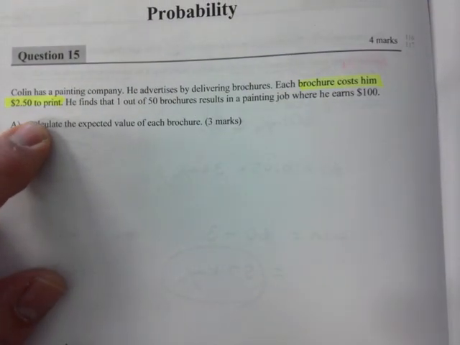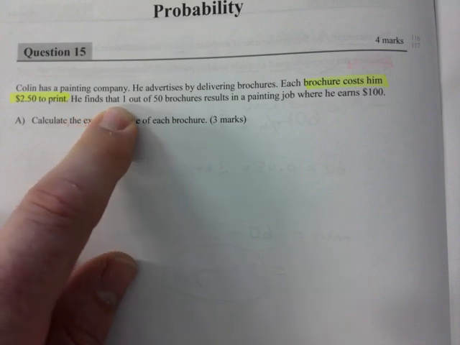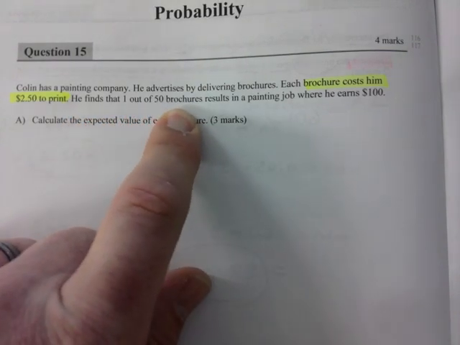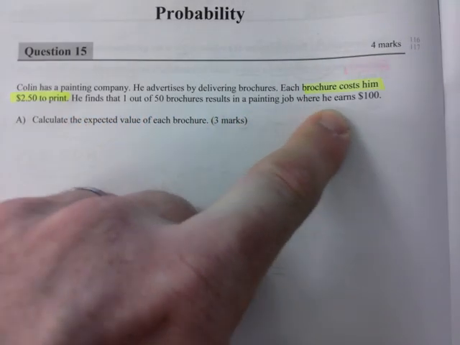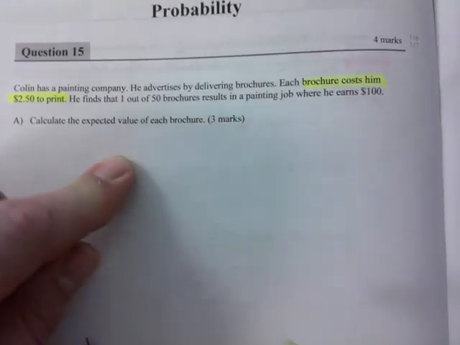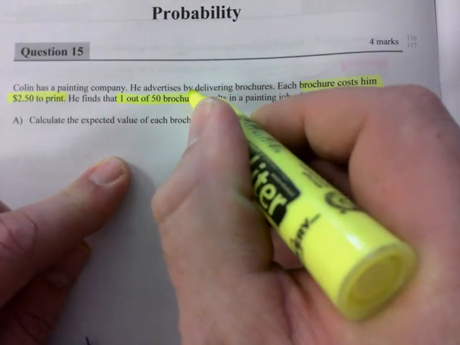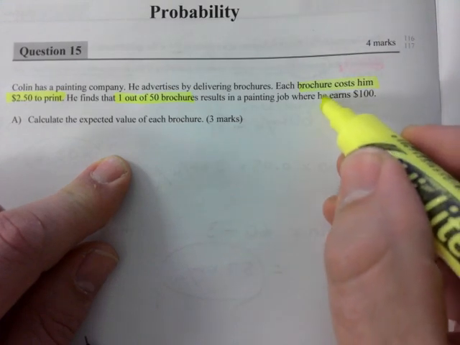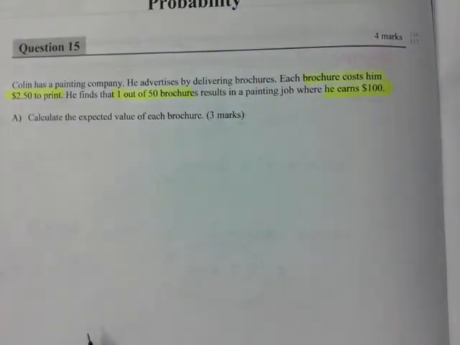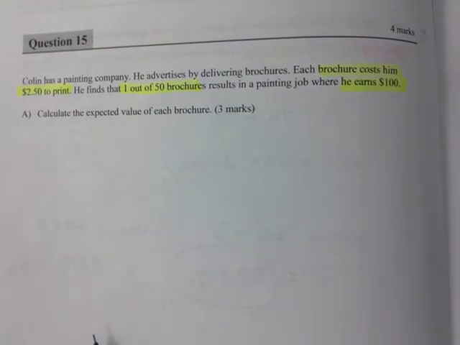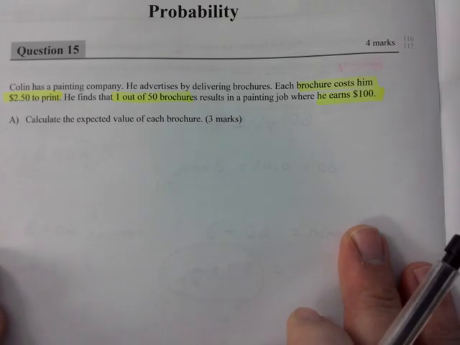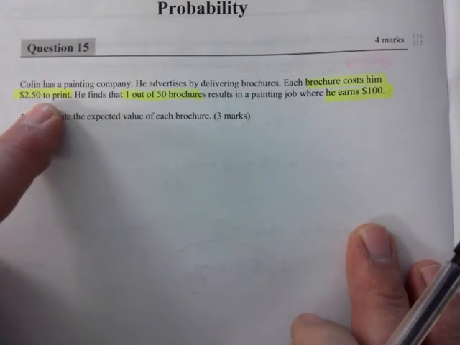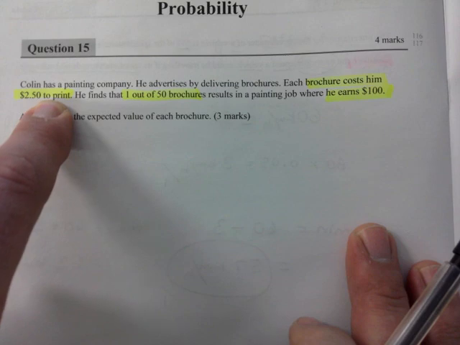He finds that 1 out of 50 brochures results in a painting job where he earns $100. So 1 out of 50 is the chance that he will win $100, correct? And the cost to play the game, for every brochure he prints, is $2.50.